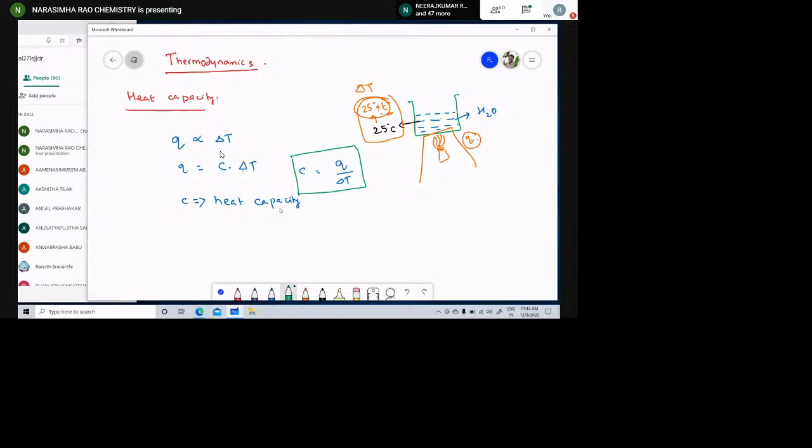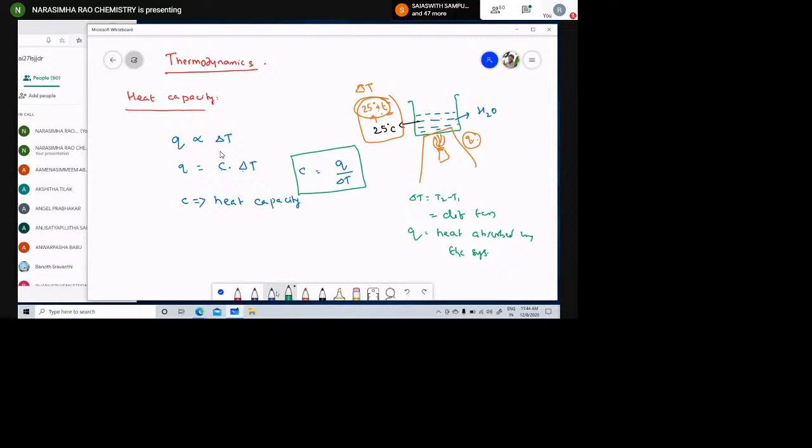Now here C is heat capacity, delta T is T2 minus T1, that is the difference in temperature, and Q is the heat absorbed by the system. By using this, we may frame the definition for heat capacity.